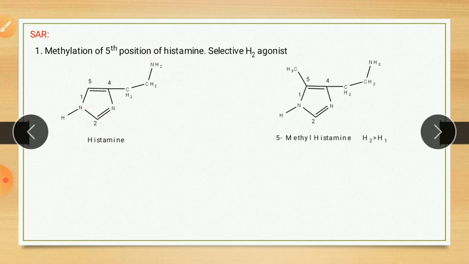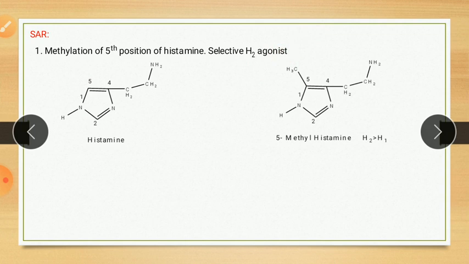So first point, methylation of the fifth position of histamine gives selectivity toward H2 agonist. So start from histamine. It is the basic chemical in our body. It acts on both receptors H1 and H2 equally. But if we do methylation on the fifth position, here is the methylation on the fifth position.